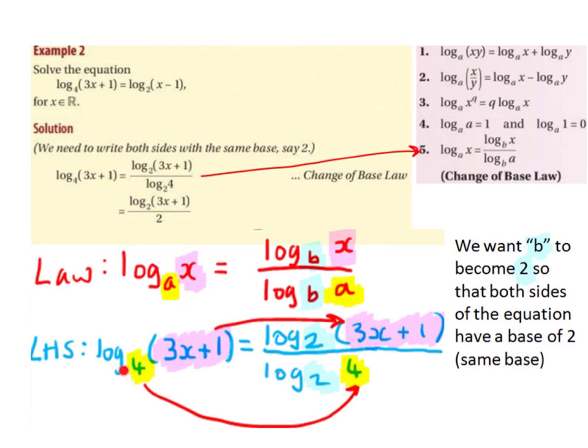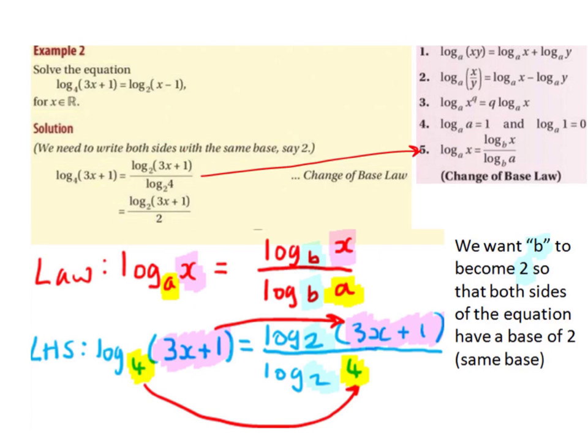The base a was 4, so that comes over into our denominator. The x was 3x plus 1, so that comes over into our numerator. And then we have log base 2 and log base 2. So log base 4 of 3x plus 1 can be rewritten as log base 2 of 3x plus 1 over log base 2 of 4.